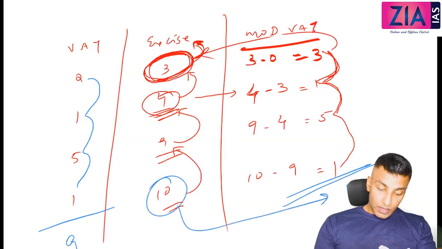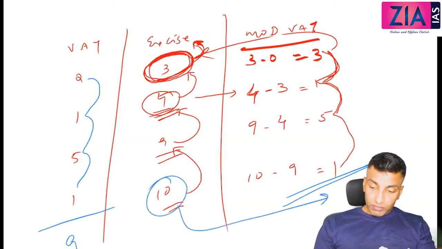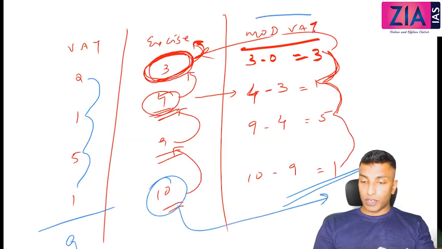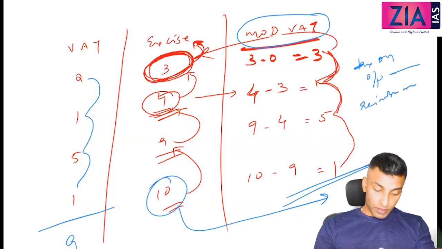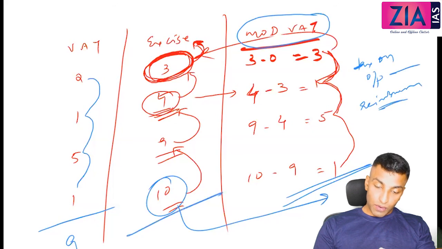So here Modvat is based on what concept? You tax on output, but reimburse the input. That means the previous tax should be reimbursed. So this is on output, all the time on output.